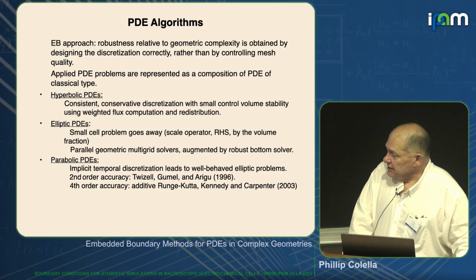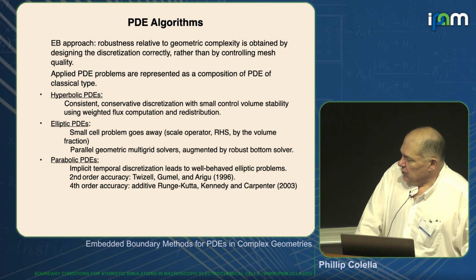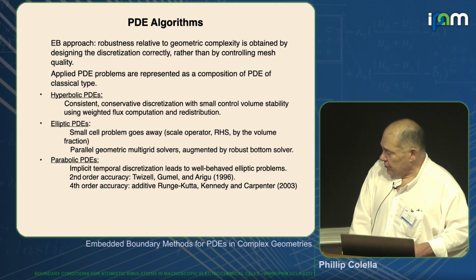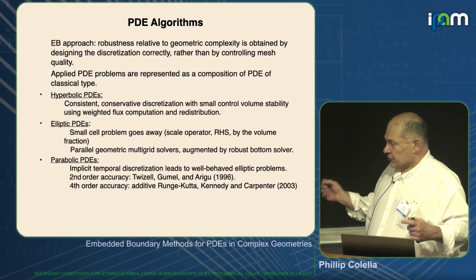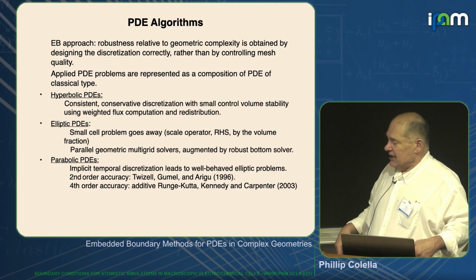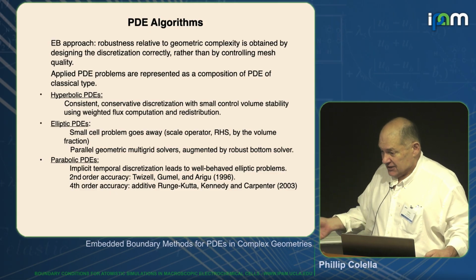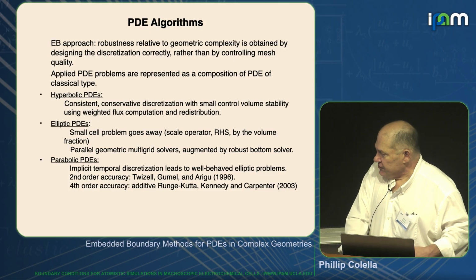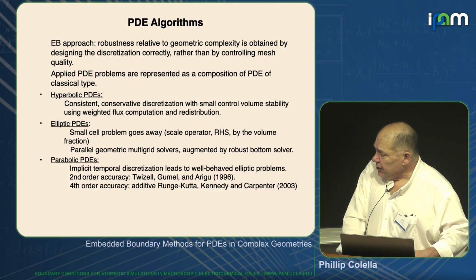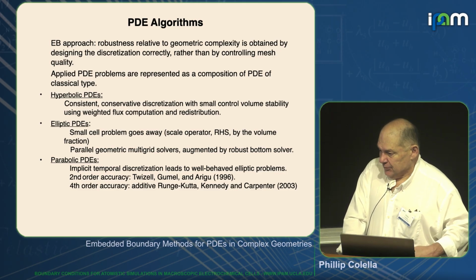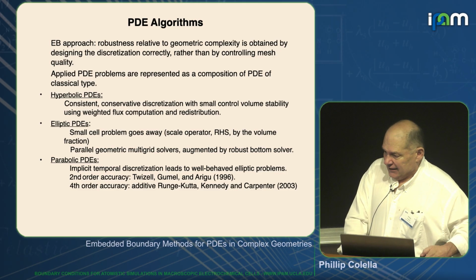For elliptic PDEs, the small cell problem goes away because if you're dividing by a small control volume in your operator and you have a right-hand side, well, multiply both sides by that, and you're solving the same linear system except scaled. So it's diagonal scaling of the linear system. You still have to be careful because not all discretizations are going to be stable. There's this whole make sure it's diagonally dominant.